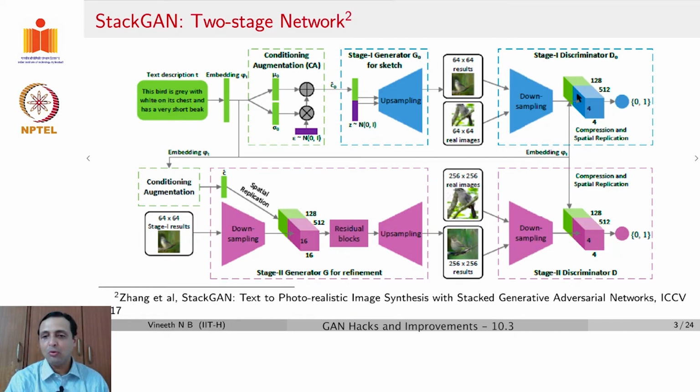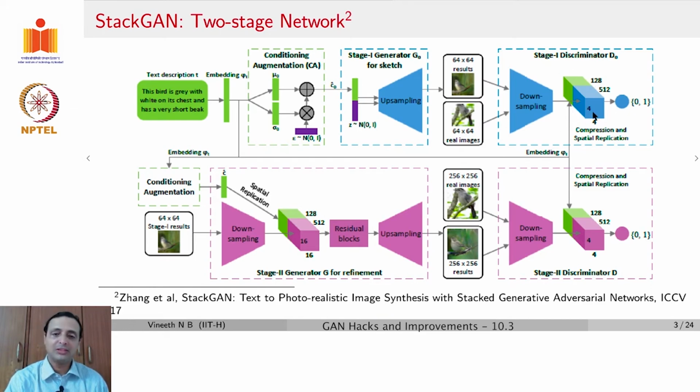And before the final step of classifying this input as real or fake, you also include the embedding phi t again here. So you see here that there's an arrow that comes all the way and gets combined to this output of the downsampling module.